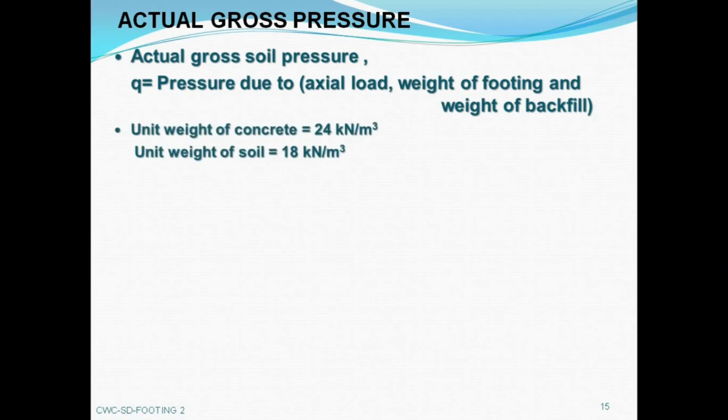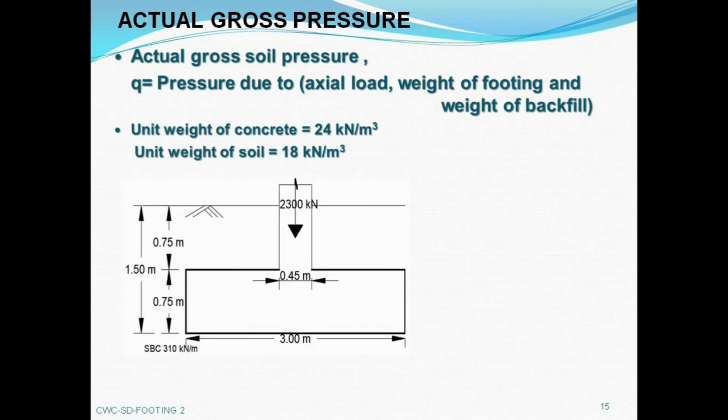For the calculation, assume unit weight of concrete as 24 kN per meter cube and unit weight of soil as 18 kN per meter cube. Refer to the figure in which all the dimensions that we have calculated are marked.